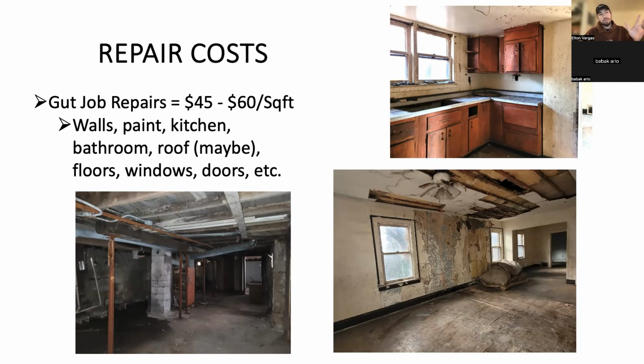So going back to the ARV, we need to find the ARV. We need to understand how much the repairs are going to need, and then the full foundation of it can be done if you have any comps. But whenever we're looking at comps, you do have to set certain parameters.